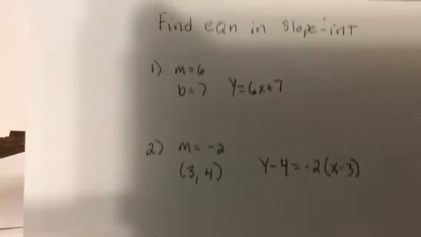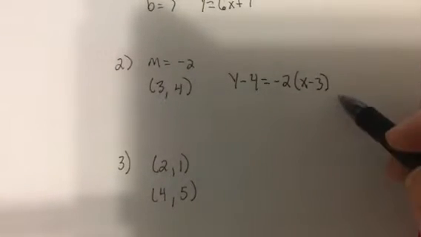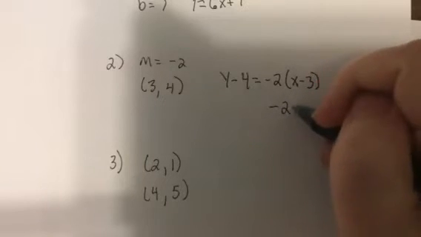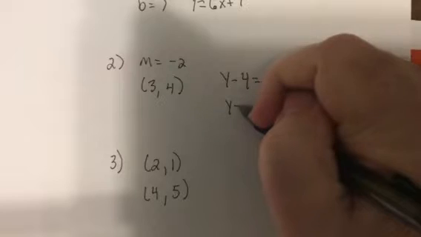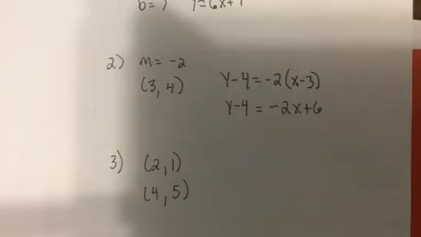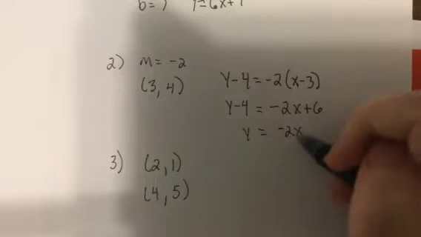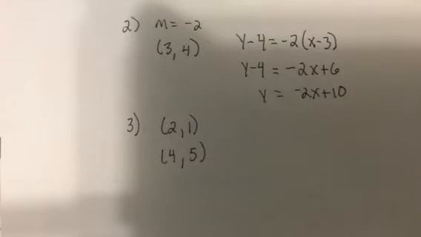And it says I want the answer in slope-intercept, so I need to solve this for y. So I'm going to distribute the negative 2. Then add 4 to both sides.